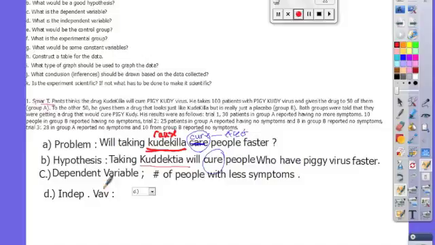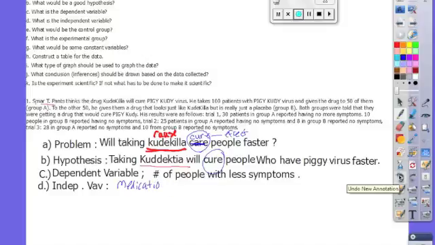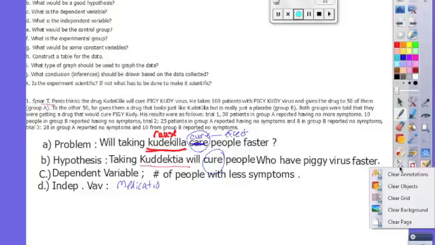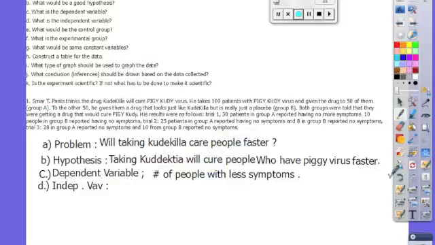Okay, so the independent variable is what we're changing. In this case, we are changing the medication, whether they have it or not. So the independent variable is medication. Let's go back over here to recognition.